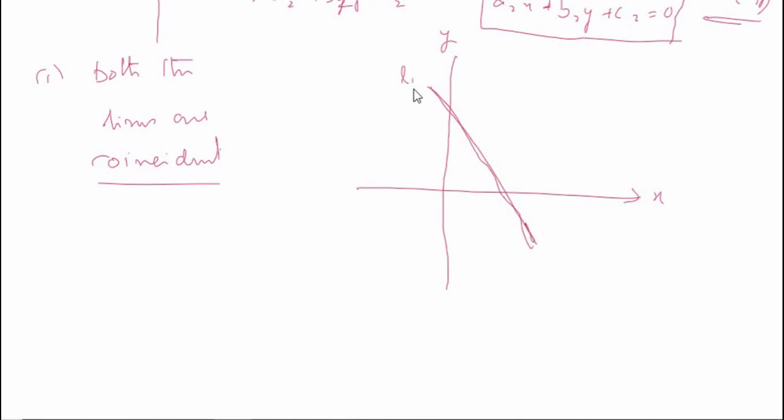So this is L1 comma L2, both the lines one above the other. So every point on this line is a solution of both the linear equations in two variables. Now in the second case, the lines are parallel.